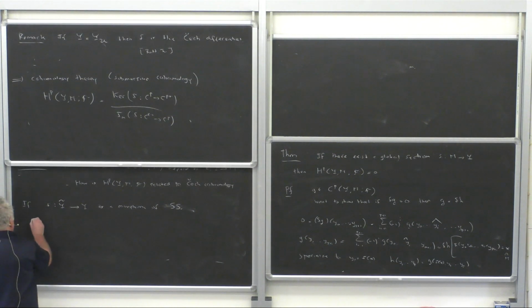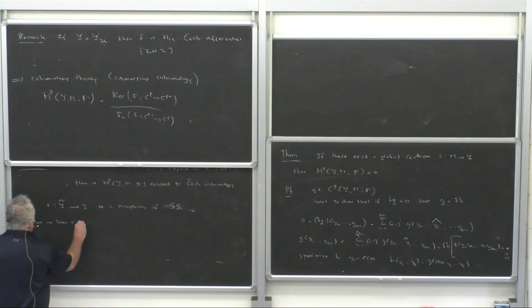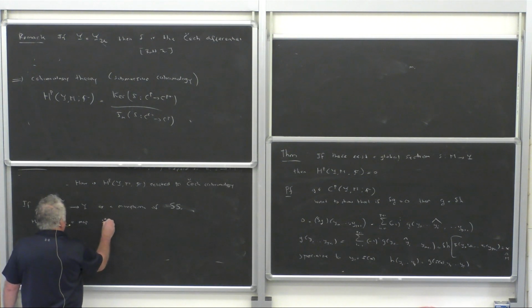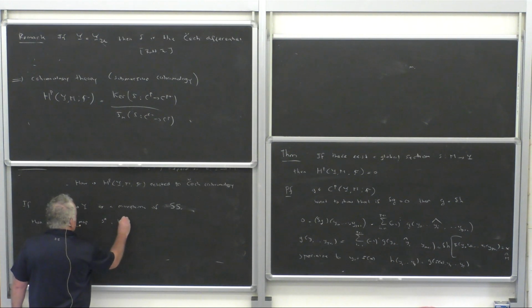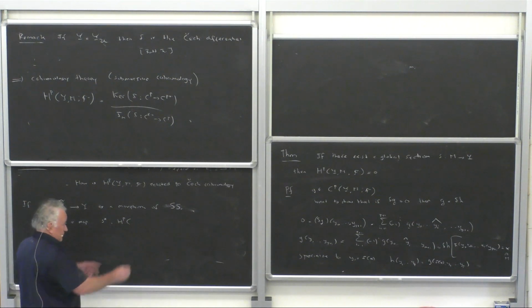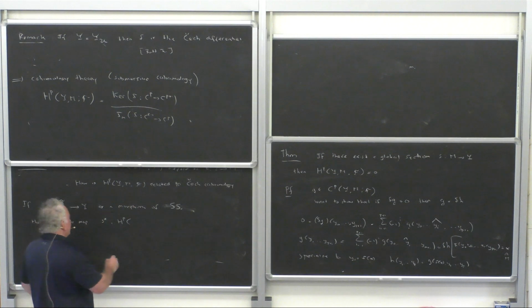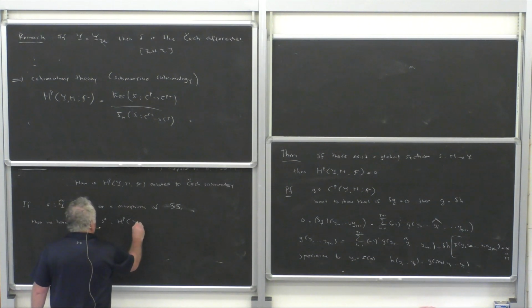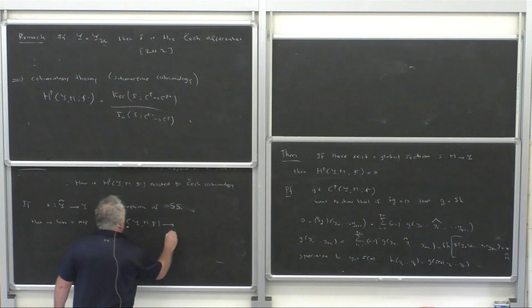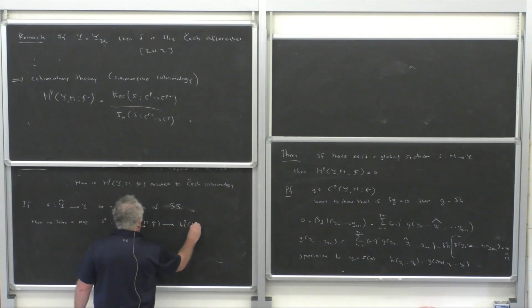So then we have a map S star, which goes the other way. It is just given by the pullback on cochains. Cochains are functions; you pull them back by applying this morphism. So I have this map between these cohomology theories.